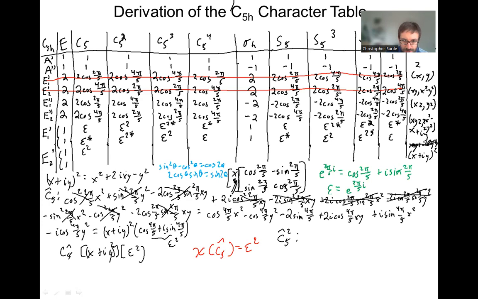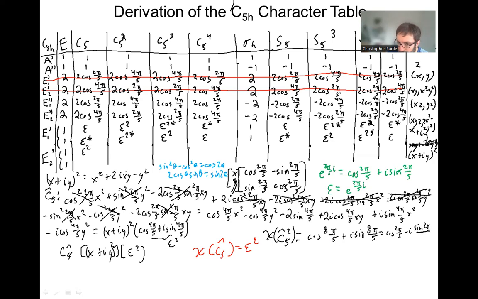So let's do just the chi of that, the character of that. So you get cosine 8 pi over 5 plus i sine 8 pi over 5. Right? We just had to double it. Well, cosine 8 pi over 5 is the same thing as cosine 2 pi over 5, and sine 8 pi over 5 is the same thing as negative sine 2 pi over 5.